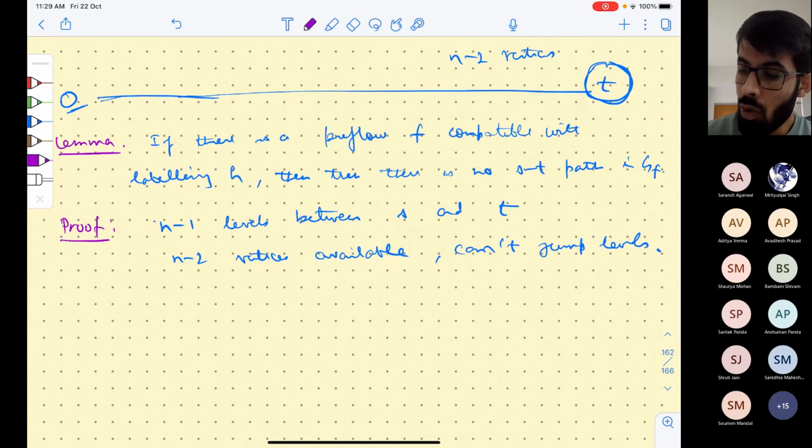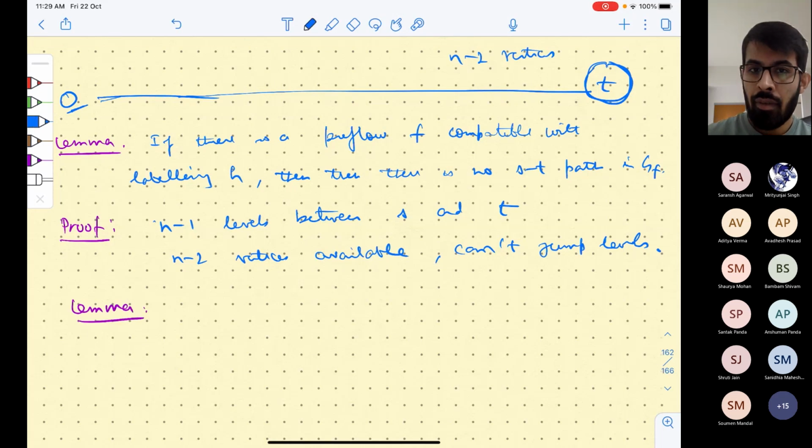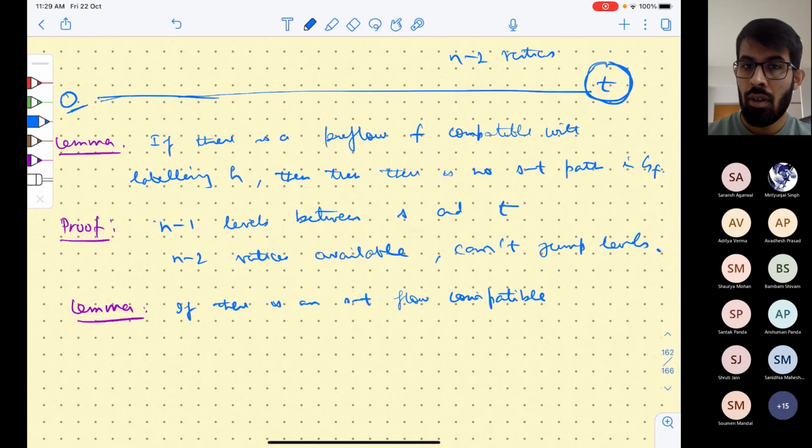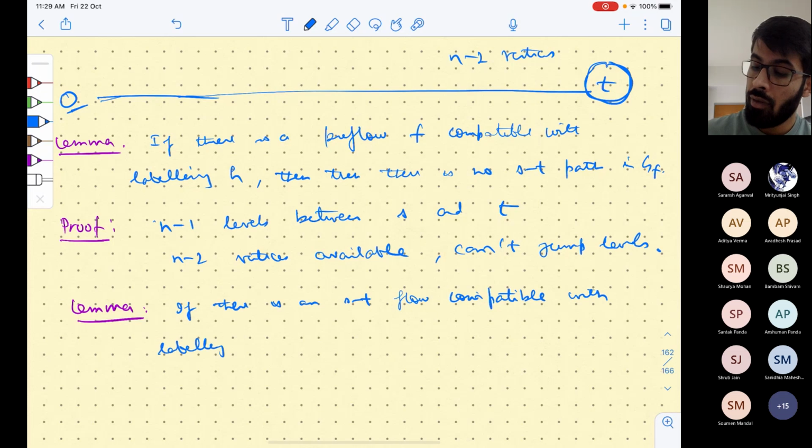So now the lemma can be that if there is an ST flow F compatible with labeling H, then F is a maximum flow.